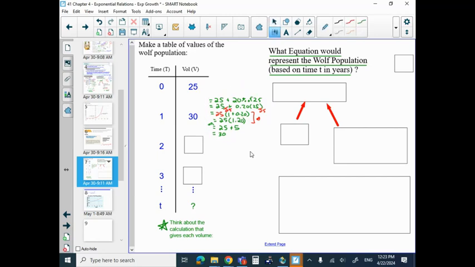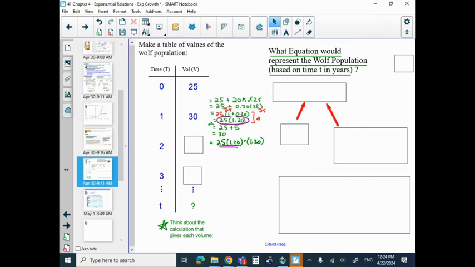For the second one, we have that 30 we started with, or we could think of the 30 we started with as this thing. So we start with the 25 times 1.20. That's our 30, basically, and that has to get multiplied by another 1.20.